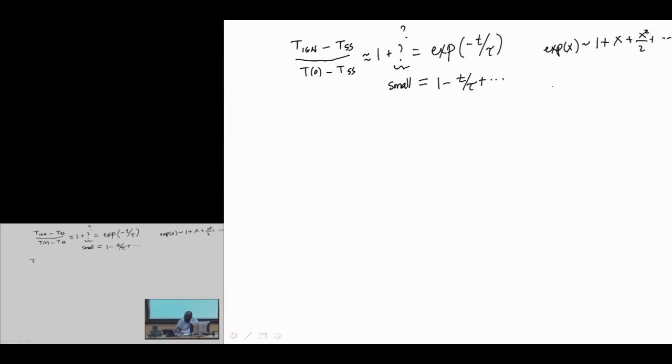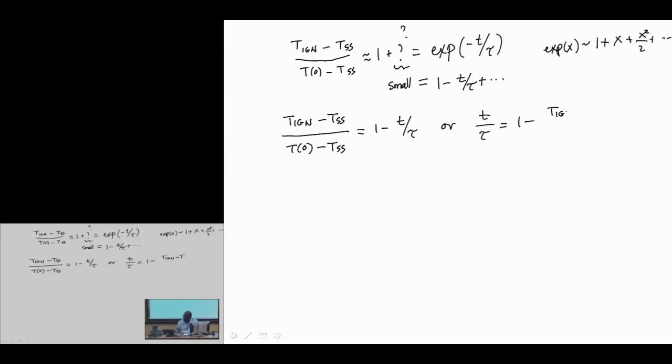So based upon this, we get that (T_ignition minus T_steady state) over (T0 minus T_steady state) is equal to 1 minus t over tau, or t over tau is equal to 1 minus (T_ignition minus T_steady state) over (T0 minus T_steady state).